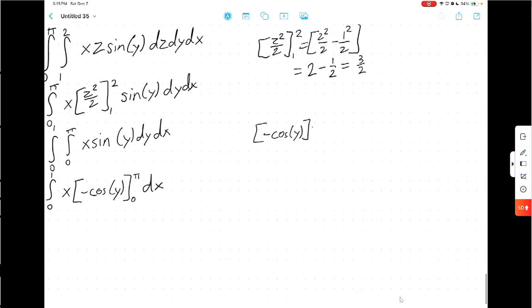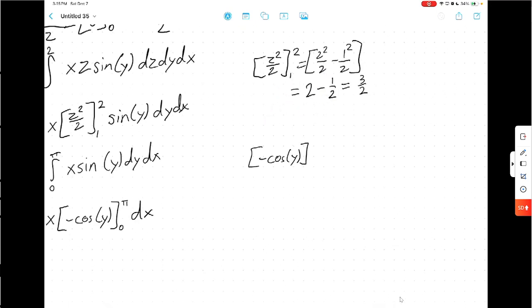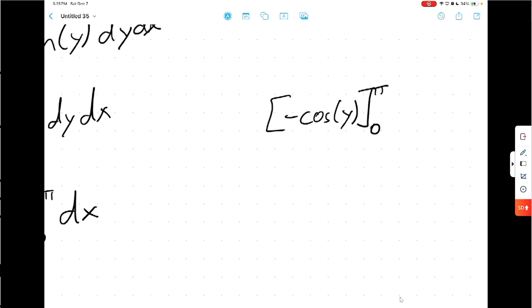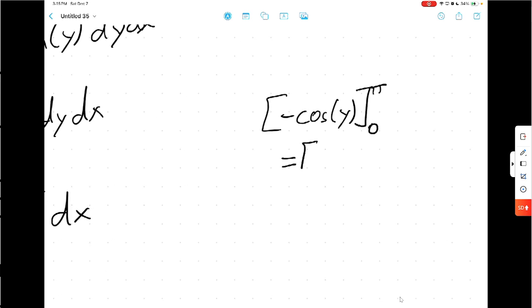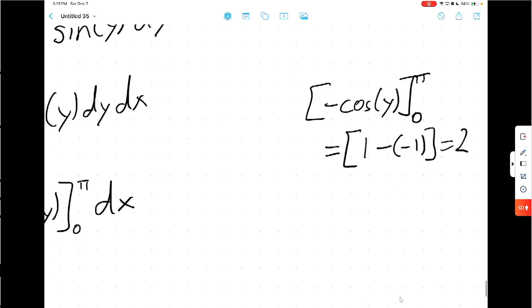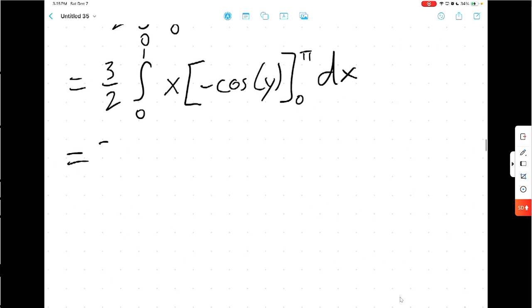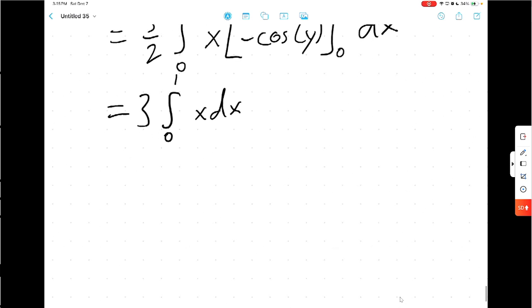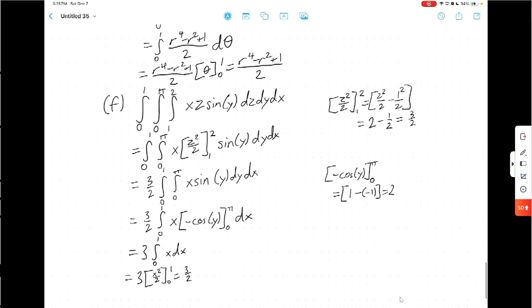Evaluated from 0 to pi. Cosine of pi is -1, so negative of -1 is 1. Minus -1, this is just equal to 2. So this is going to become 3 times the integral from 0 to 1 of x dx. X squared over 2 evaluated from 0 to 1, this is going to be 3 over 2. That's it.